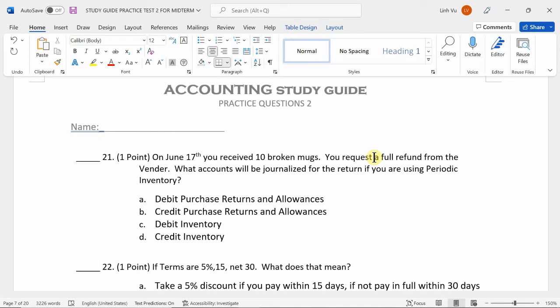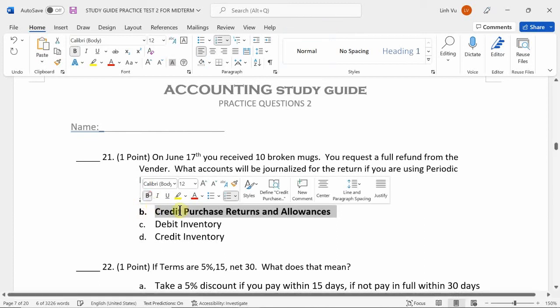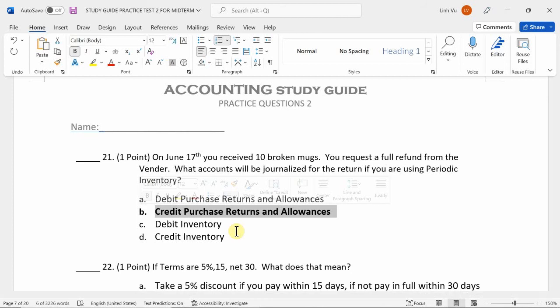Purchase expenses are normally debited, so if you need to decrease the value, you're going to credit your purchase returns and allowances. If you need to journalize it, go ahead and do so, but you're going to need to credit your purchase returns and allowances because you're reducing the purchase expense account.